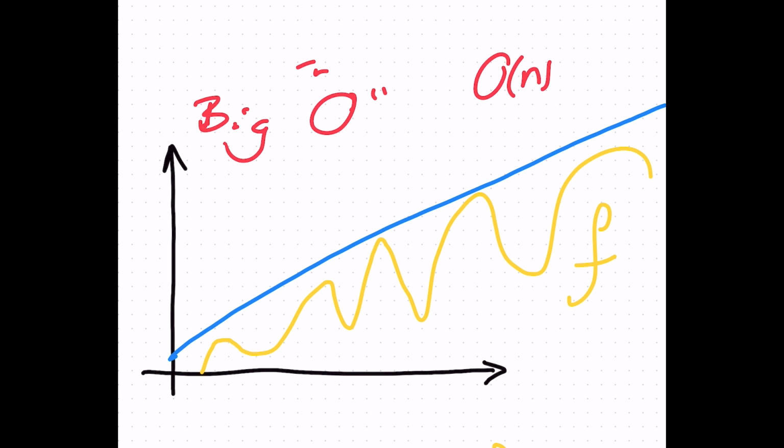It's basically the upper limit for how bad the algorithm would run. So let's say that we found the upper bound here to be g equals n. Then that means that the algorithm f, no matter how bad it would run, it would not run worse than linear time. So its worst case scenario is linear time, which is n.